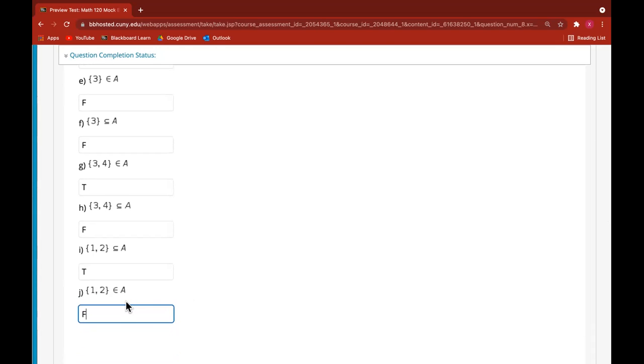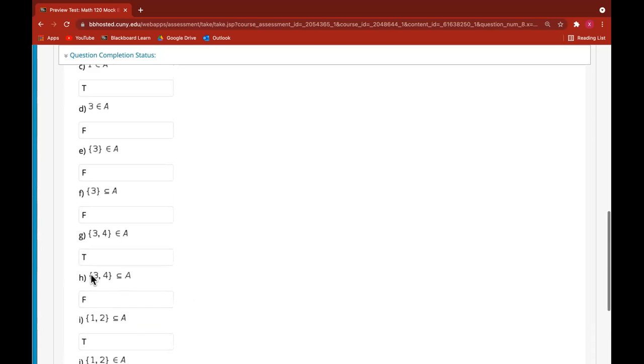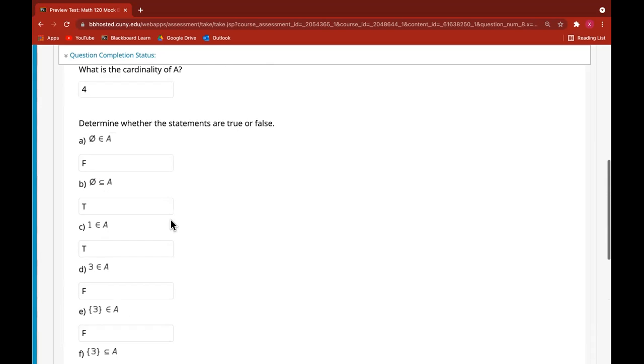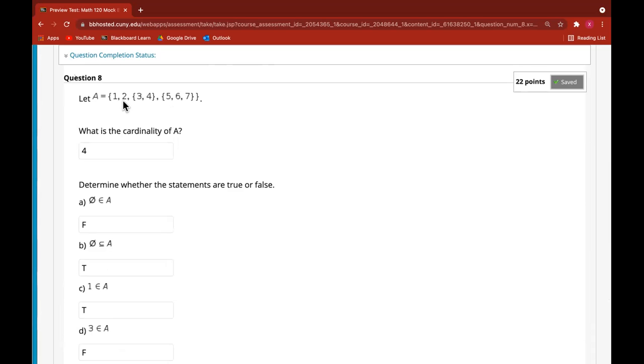Excuse me, Professor. For H, can you explain why that's not a subset of A? Which one? H. Okay, the 3, 4 here. Okay, so here we want to find, is this a subset? Subset means this is like a smaller set of A. Now, if this is a subset of A, that means 3 is an element in A. Is 3 an element in set A?